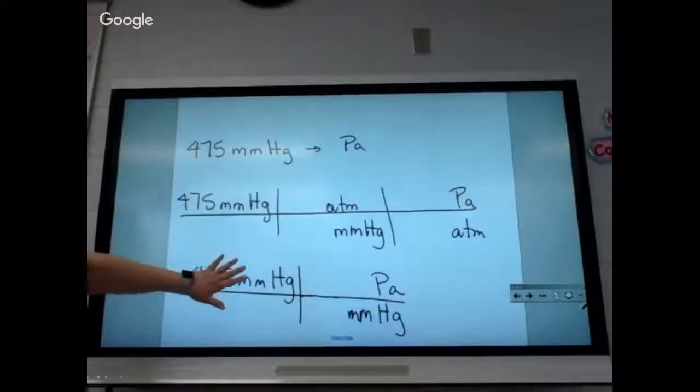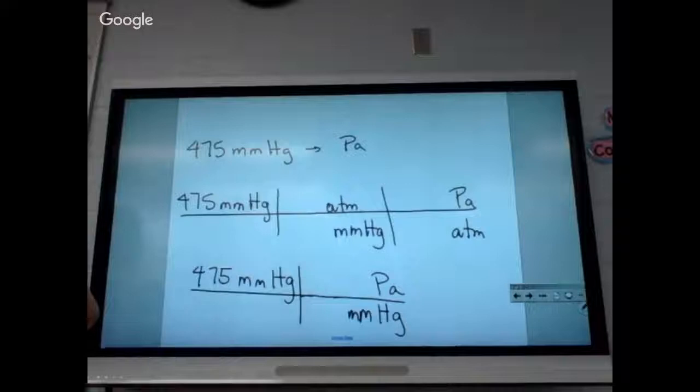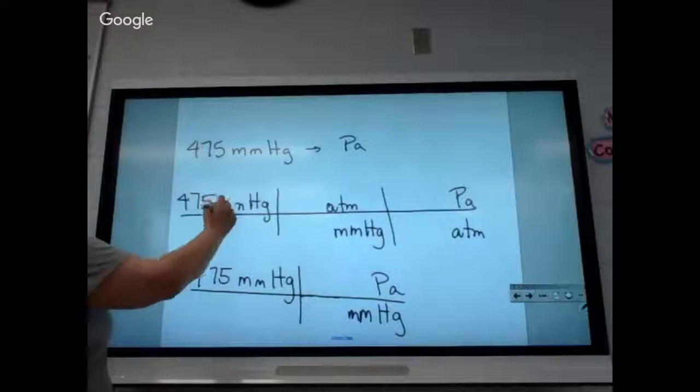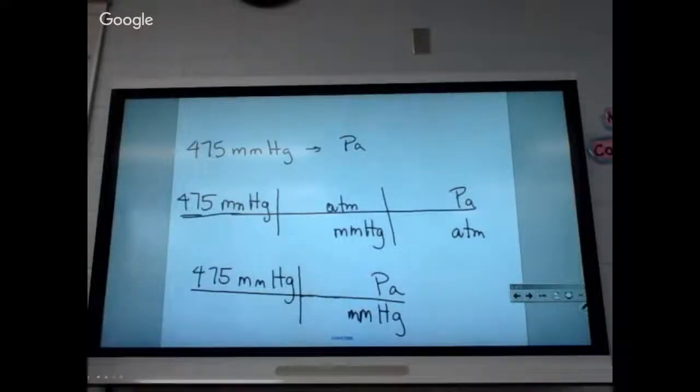I am always going to choose this chart because atm is going to be a 1. I'm going to make life easy on myself and do less work. Now, if that's the way your brain processed it and the way you wanted to do it, go for it. I'm into simple. I'm into less work.